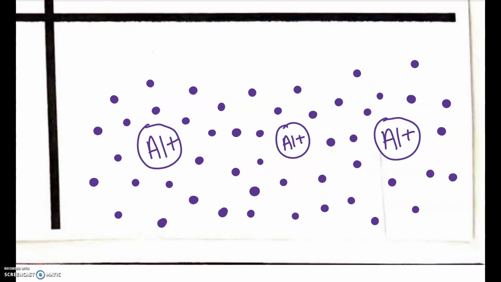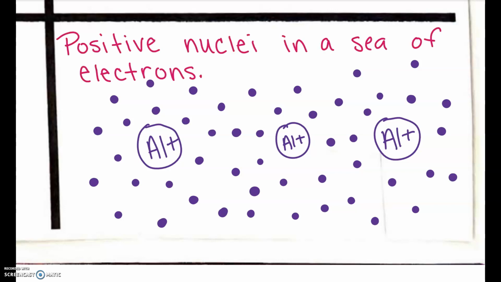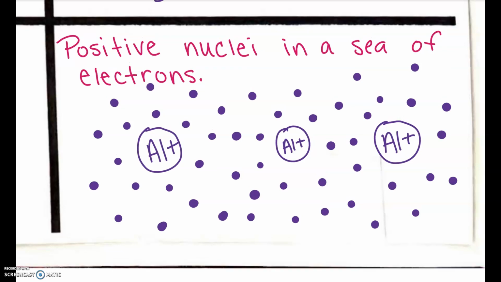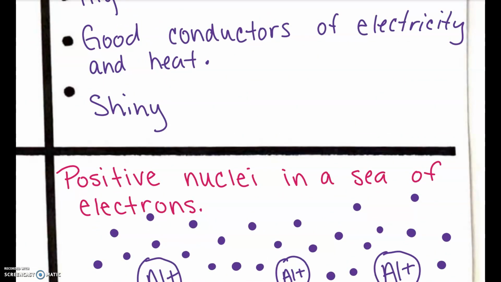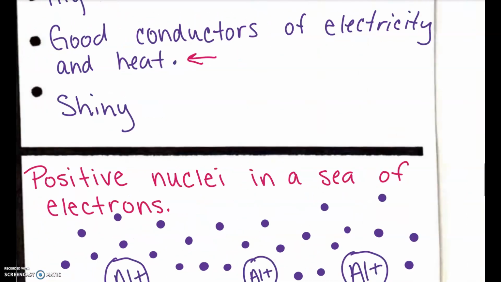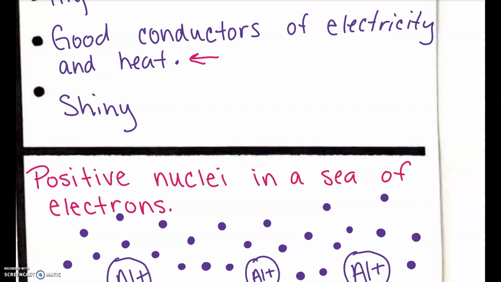So we have these positive nuclei in this sea of electrons. And this takes me back to the property that metals are good conductors of heat and electricity. Well, electricity is simply the flow of electrons.